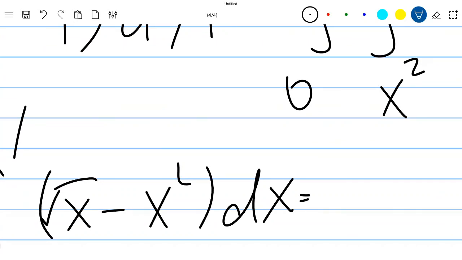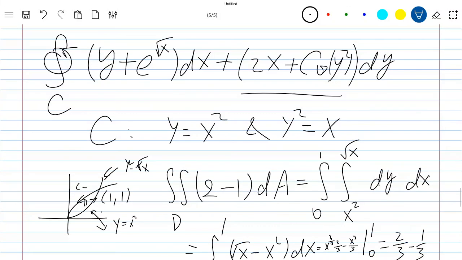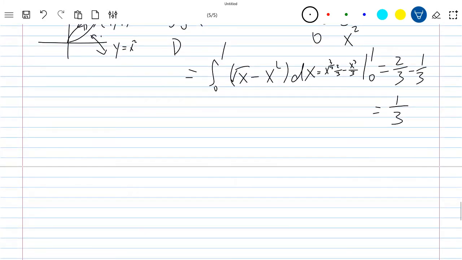And then you have x to the 3 halves times 2/3 minus x cubed over 3. Then plugging the limits, you get 2/3 minus 1/3. Is that correct? Yeah, seems correct. 1/3. Right? 3 halves, 2/3. 2 becomes 1/3. Okay, so you got the answer pretty easy, right? It's much easier than having to handle all of that. So that's how we apply Green's theorem.